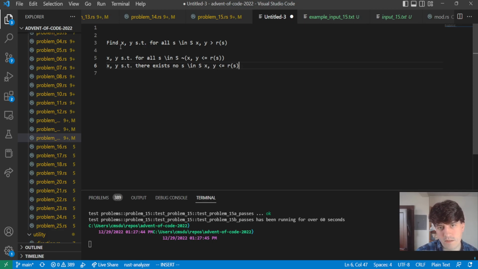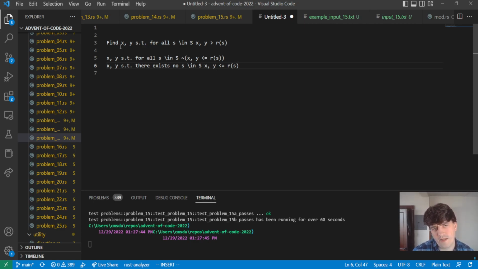By De Morgan's laws. Just no s in S such that xy is less than or equal to r of s. Yeah.